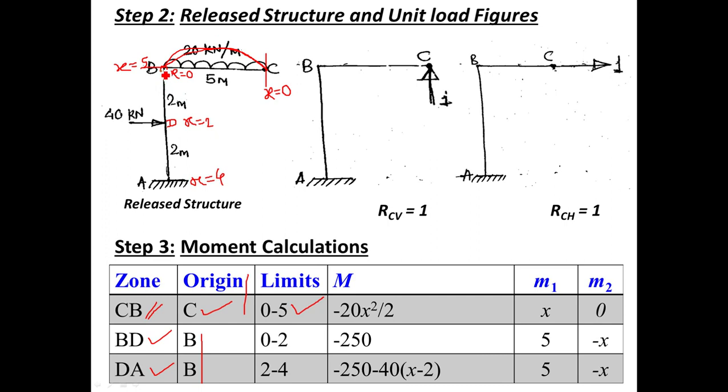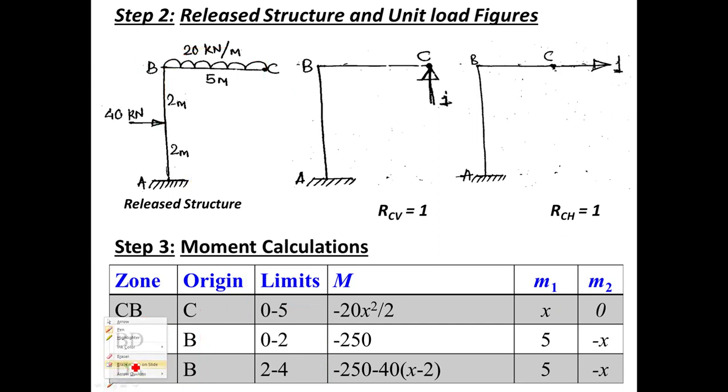So for the first zone in the column, B to D, the limits are x equal to 0 to x equal to 2. And for the second zone, it is x equal to 2 to x equal to 4. So 0 to 2 and 2 to 4 are the limits of the remaining two zones. Okay. So understand, in a frame, we have to change the origin when we shift from beam to column and again from column to beam.